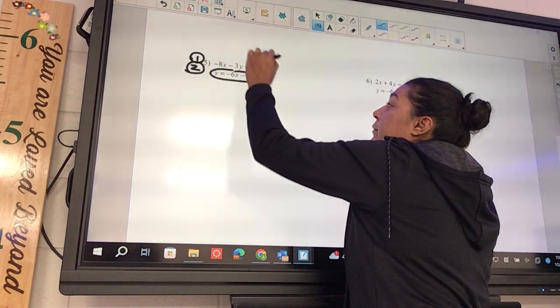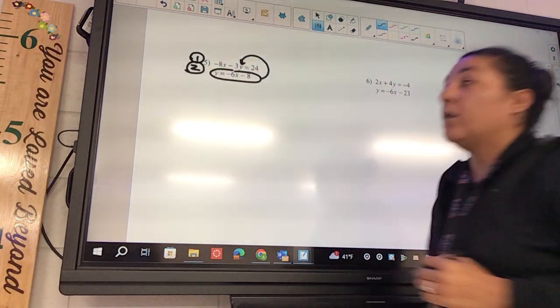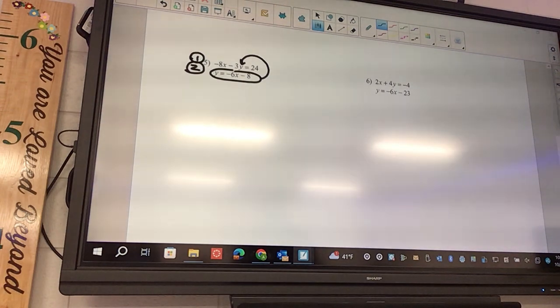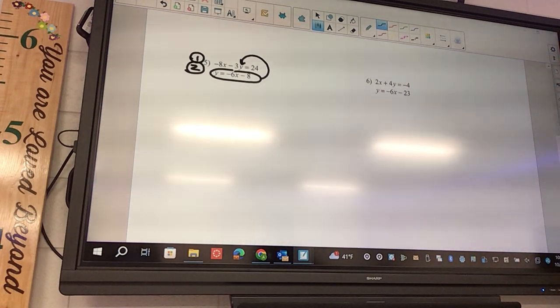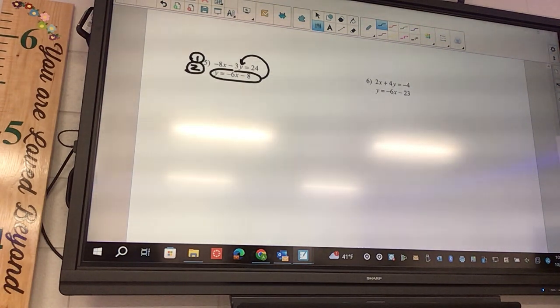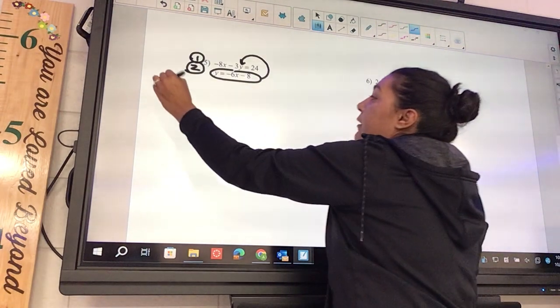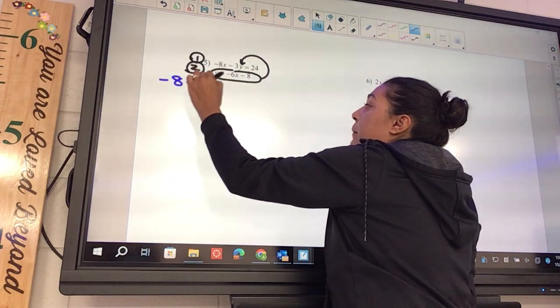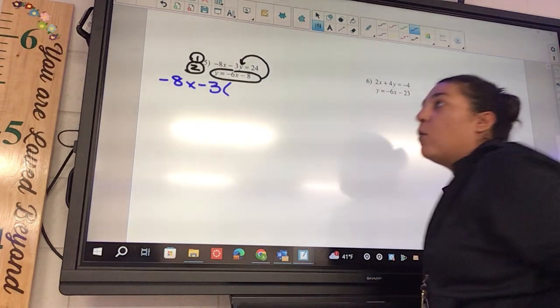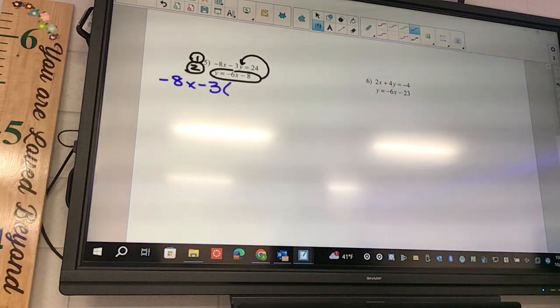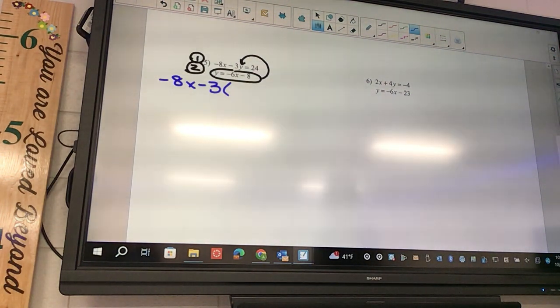So we're circling equation 2, and we're going to plug it into the other one. Now, this is what it's going to look like: -8x minus 3, and instead of y, what does my y like to be called? -6x minus 8.